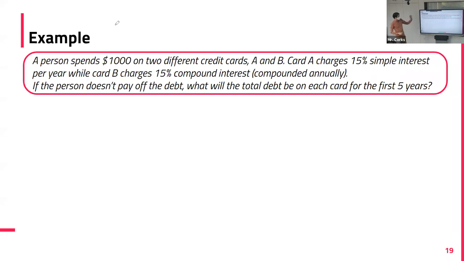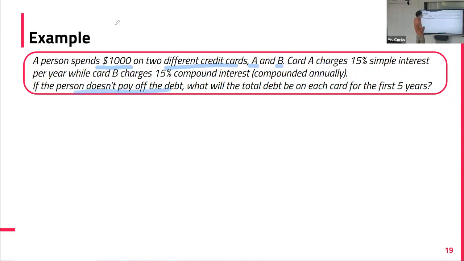It'll make more sense once we look at some practical examples of these. So let's say we have a person with 2 different credit cards, card A and card B, and they spend $1,000 on each card. And they don't pay off the debt. They just spend $1,000 and then don't touch them, so there's debt growing on that.